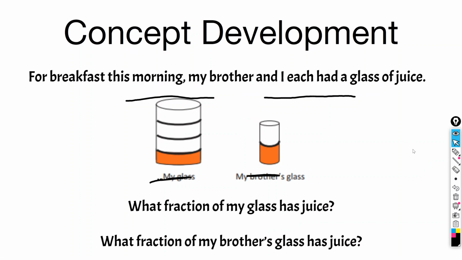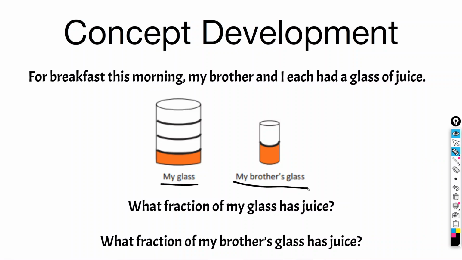So that brings us to our example here. For breakfast this morning, my brother and I each had a glass of juice. So over here it shows my glass, and it shows my brother's glass. What fraction of my glass has juice?